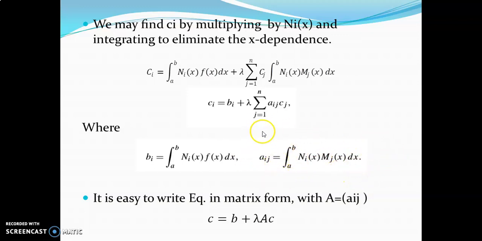So if we have 2 terms in the kernel, we can have 4 terms in this A matrix. It will be a 2 by 2 matrix. If there are 3 terms in the kernel, this will be a 3 by 3 matrix. And all the terms of A matrix can be determined using this equation, and all the terms of B matrix can be determined using this equation.